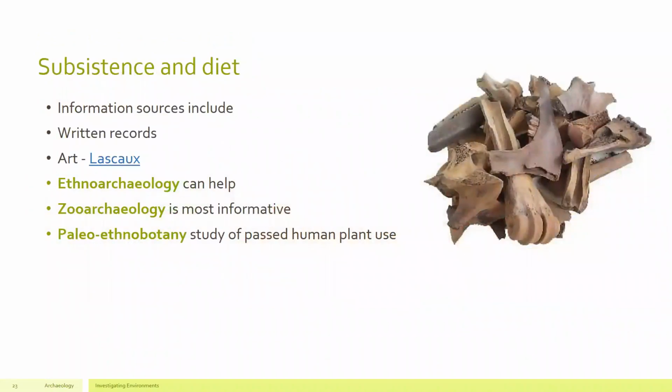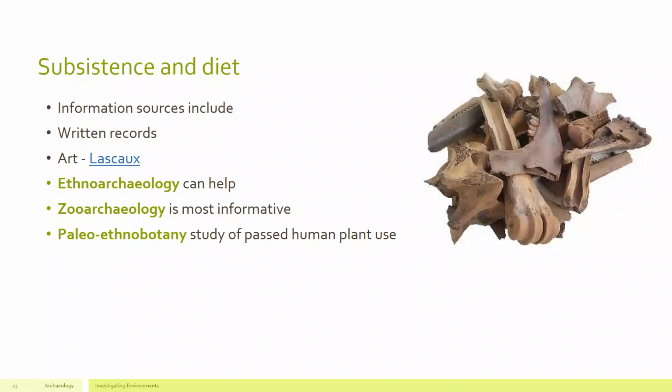So subsistence and diet, this different information from the archaeological record include, you may find the actual bones in an archaeological site. You can conduct a zooarchaeological analysis of the fauna from an archaeological deposit and say this is how many examples of this particular species was found at this site, and that changes over time.